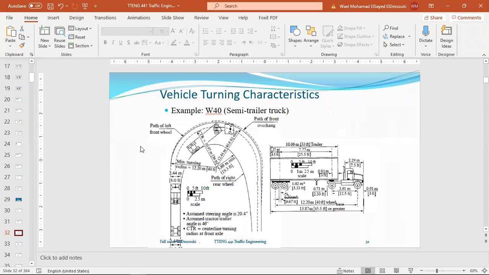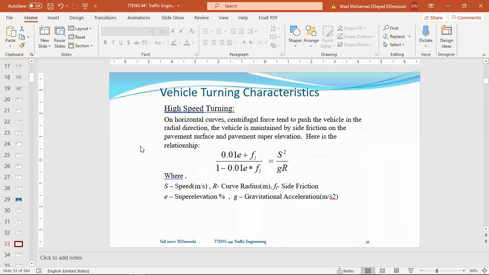For slow turning, the geometry is key in this design: the minimum turning radius and this stuff, that's a key issue.